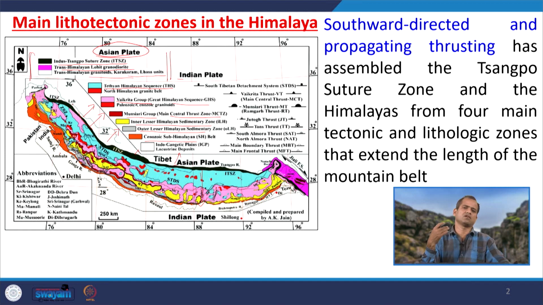So, now this southward directed and propagating thrusting. This Himalayan system is a compressional tectonic regime, and in this compressional regime, we know mostly the folds and thrusts are the characteristic features.